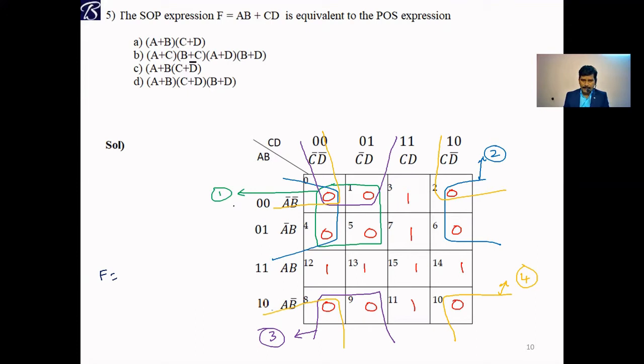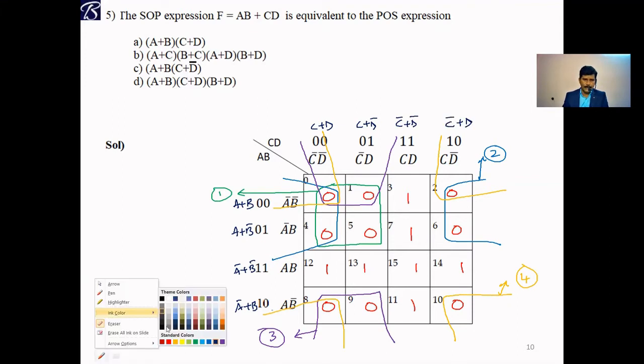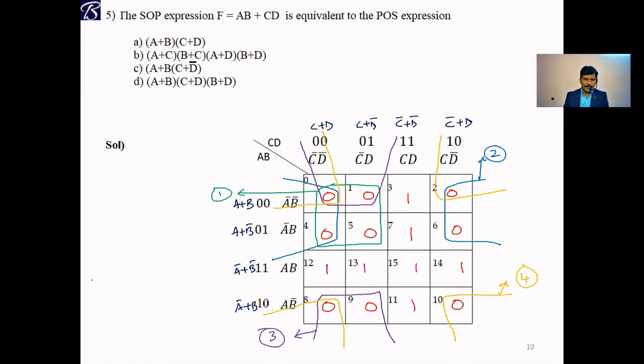So this becomes A plus B, this is A plus B bar, this is A bar plus B bar, this is A bar plus B. Here also 0 0 indicates C plus D, C plus D bar, C bar plus D bar, C bar plus D. Now write the expression for F in POS form.